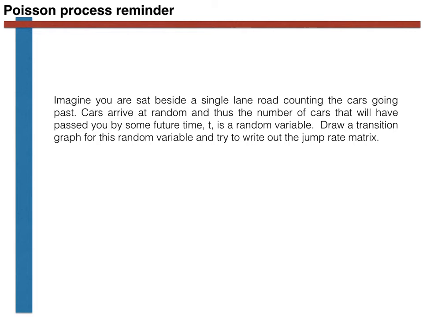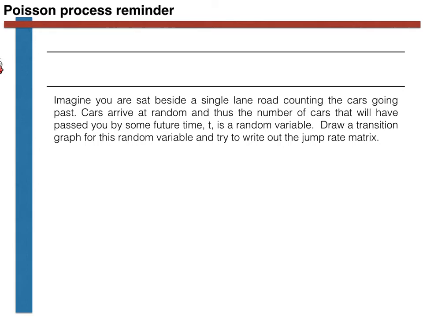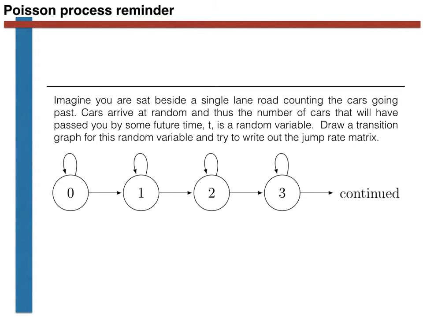In other words, in our imagination, the random process looked like the animation shown here with the fish. We then discussed how this particular random process has a transition graph that looks like the one shown here, and further showed that the jump rate matrix for the Poisson process was given by the matrix Q shown here.